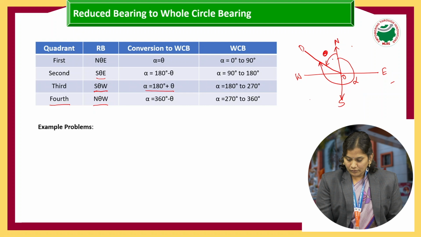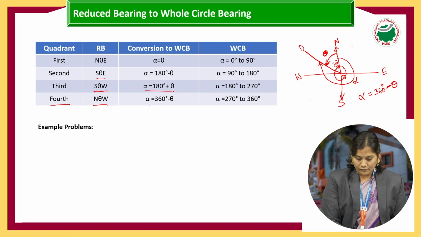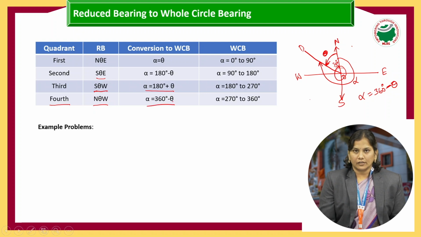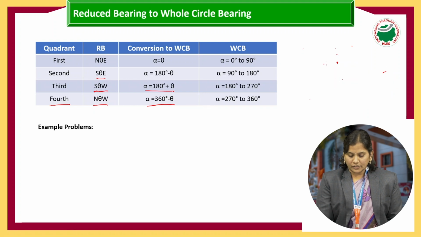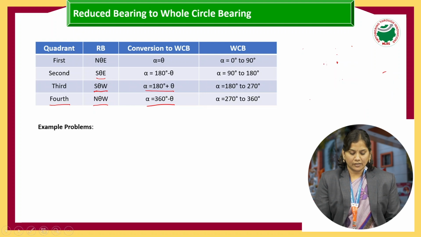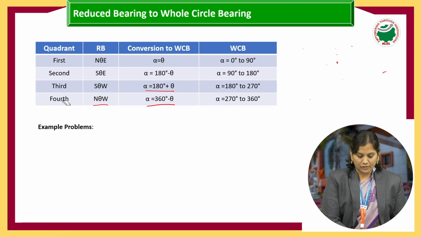Now alpha equals, we know the total angle is 360 degrees, minus this angle, that is theta. The same thing is given in the table. When you want to convert from reduced bearing to whole circle bearing, you need to refer to this table.